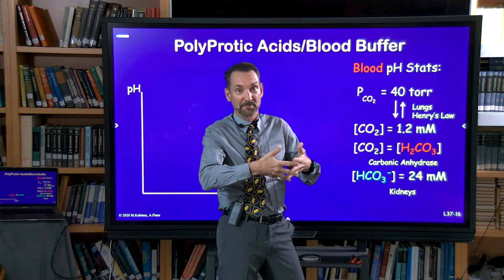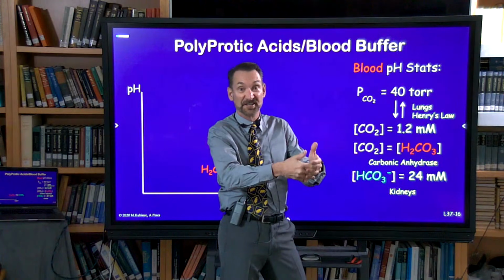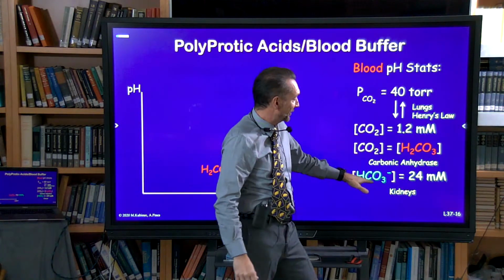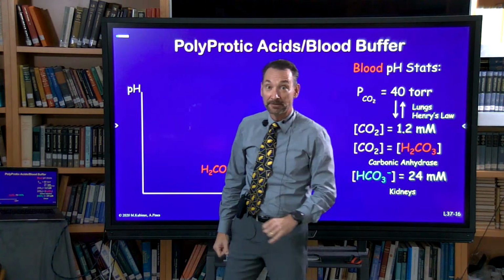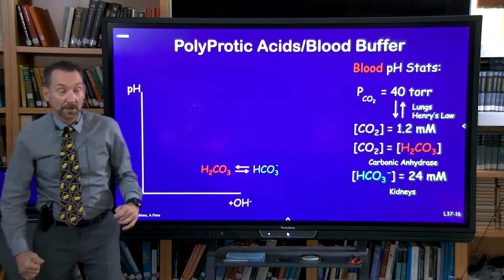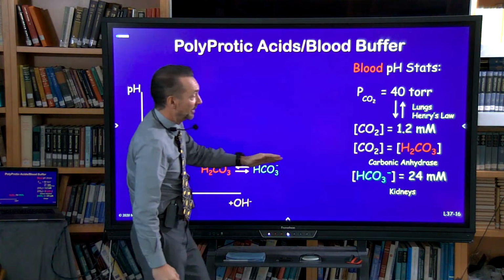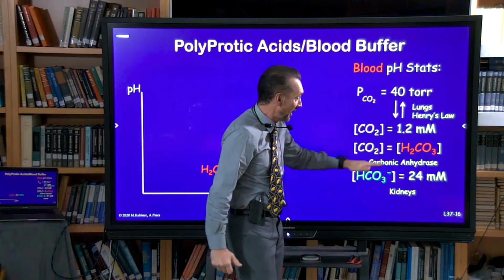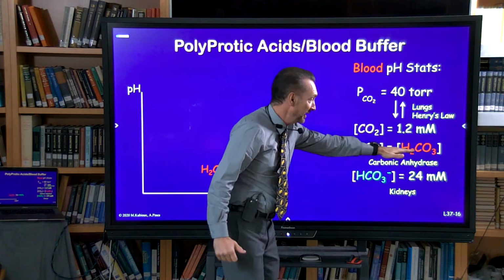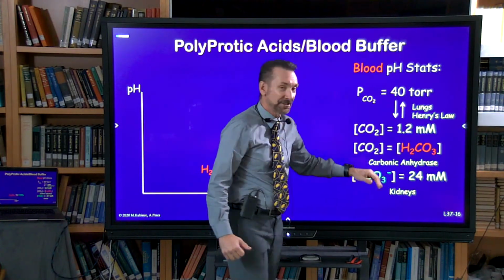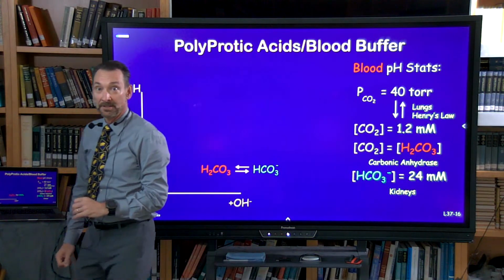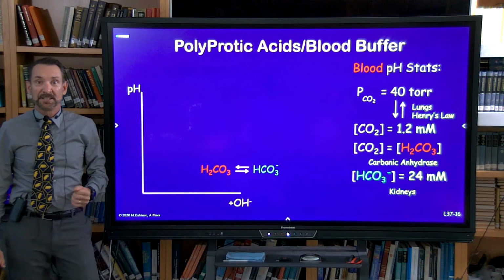They're a very incredible molecular sieve. And if this gets too high, you can pee some of it out. So it's a sophisticated method essentially of maintaining a weak acid and its conjugate base concentration so that your blood pH stays about the same.